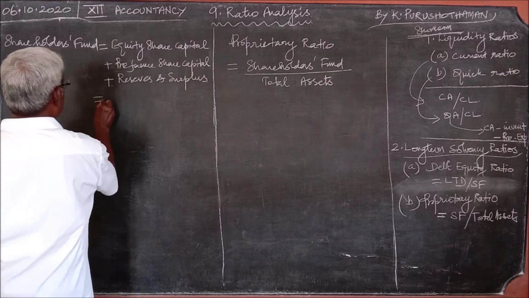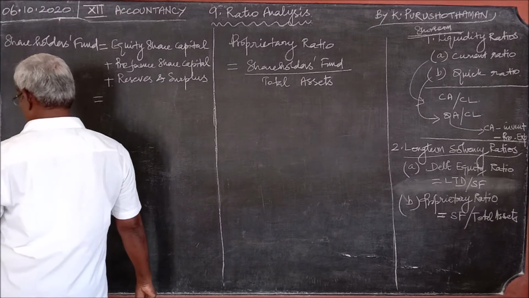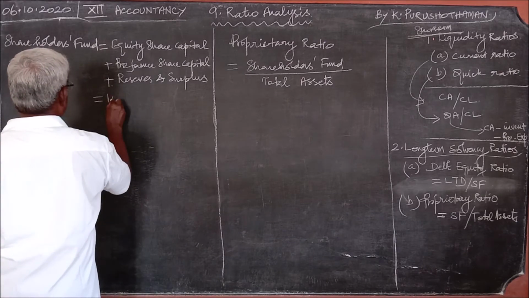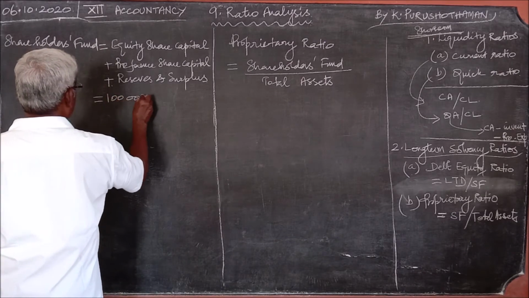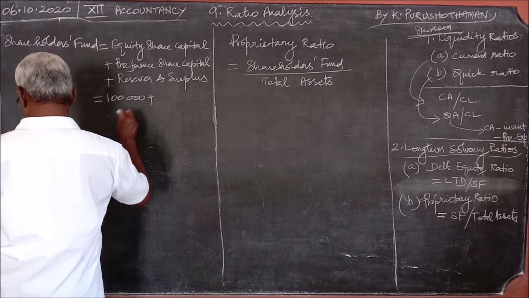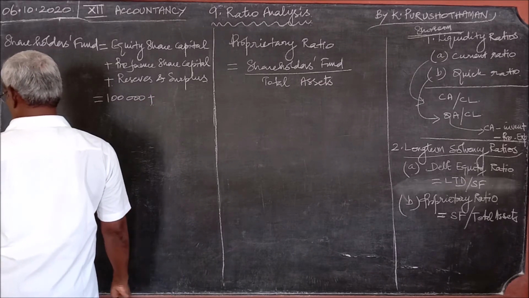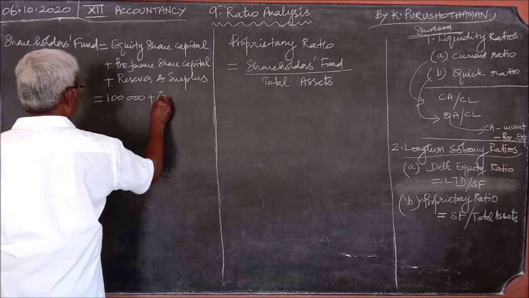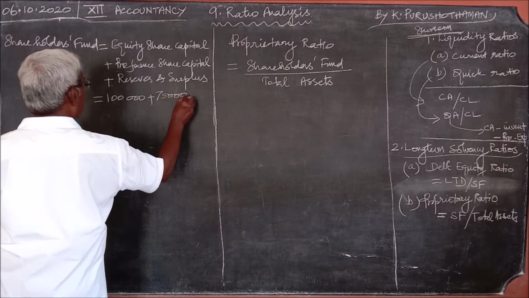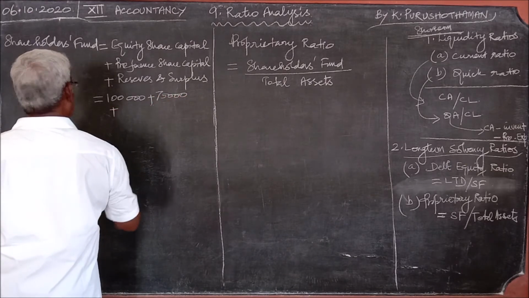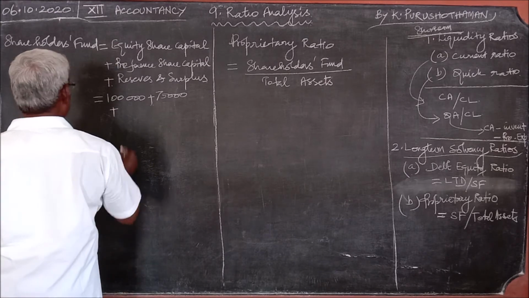This is equal to equity share capital 1 lakh plus preference share capital 75,000 plus reserves and surplus 25,000.